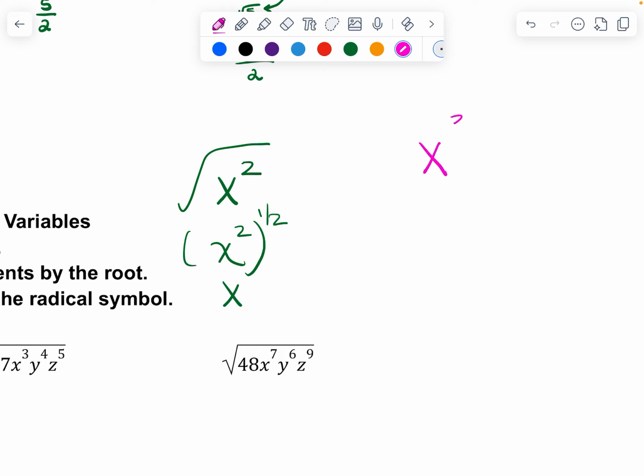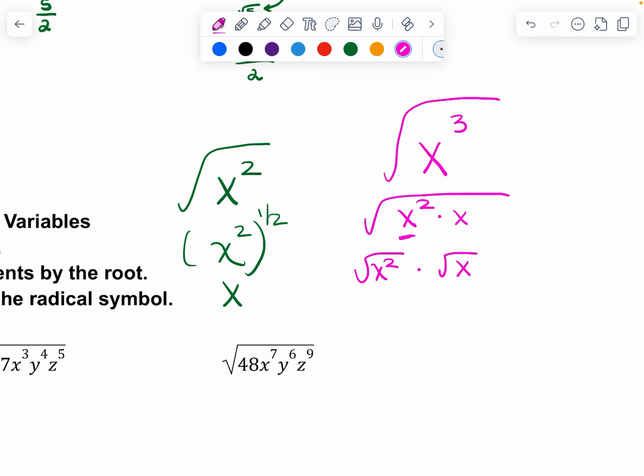If I had it to the 3rd power, and I'm taking the square root, this is the same thing as saying x squared times x. So if I was going to take the square root of this part, I take this times this. So the square root of x squared is x. Okay?